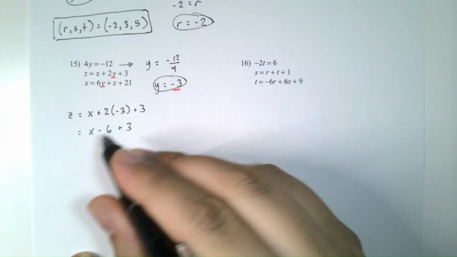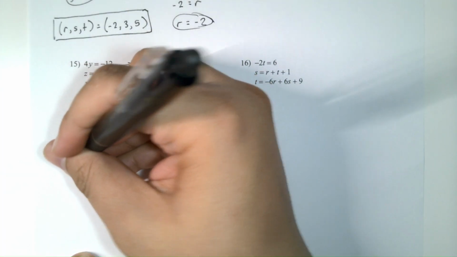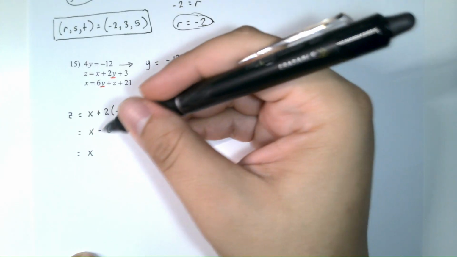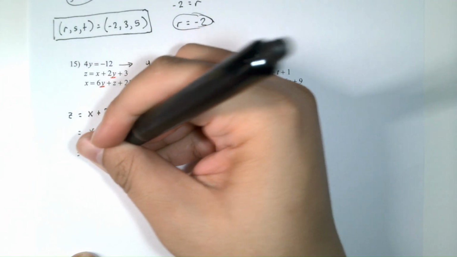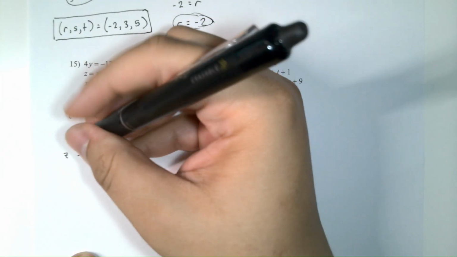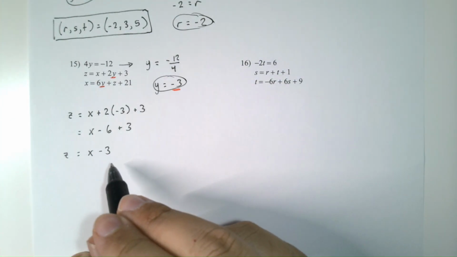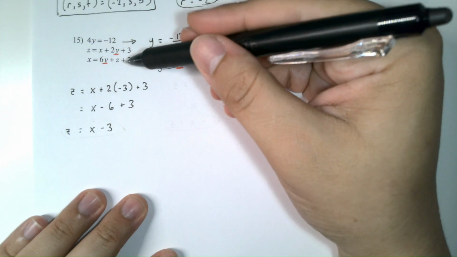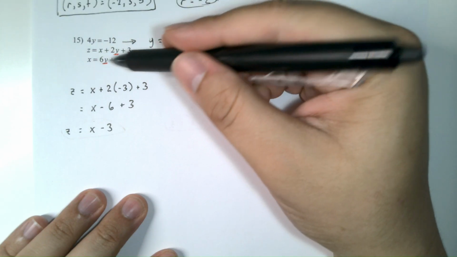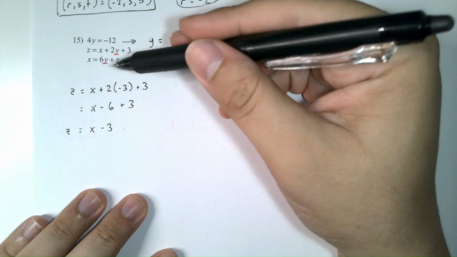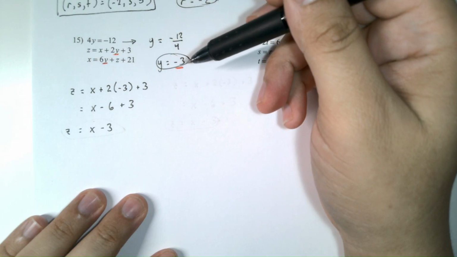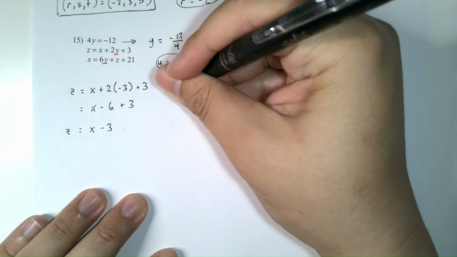We have a plus 3, and we can go ahead and combine these. That's just going to be x, and then minus 6 plus 3 is going to be just minus 3. So we know that z is equal to x minus 3. What we can do is also look at this bottom equation, the x is equal to 6y plus z plus 21. We do want to swap out that y with negative 3 real quick.